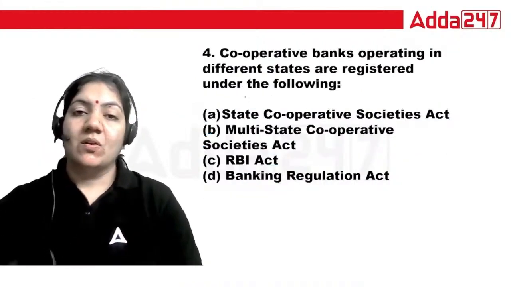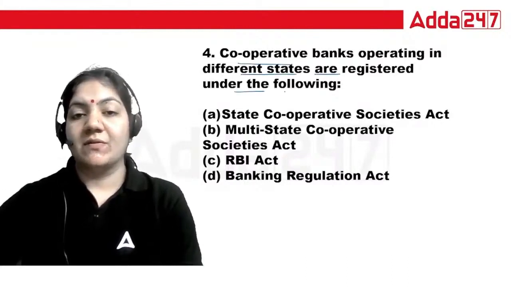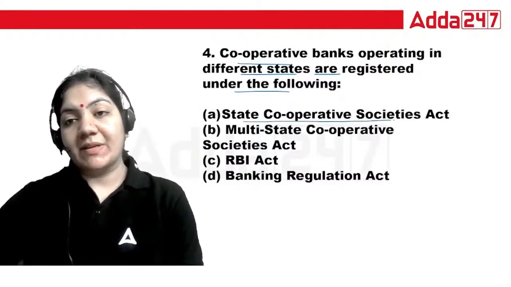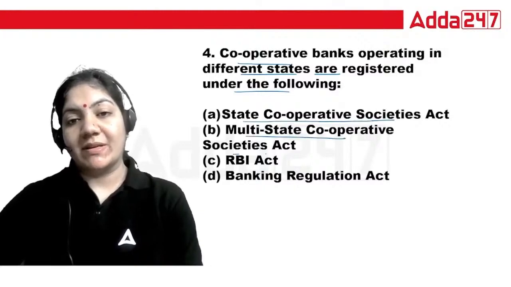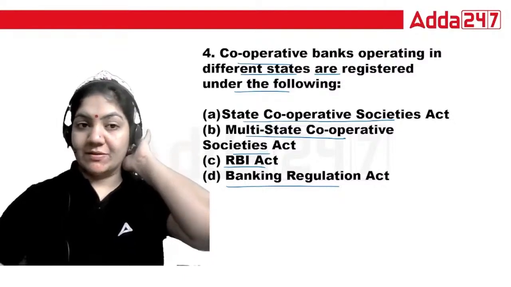Next, cooperative banks operating in different states are registered under the following: State Cooperative Society Act, Multi-State Cooperative Society Act, RBI Act, and the Banking Regulation Act. Which of the following is the right answer?